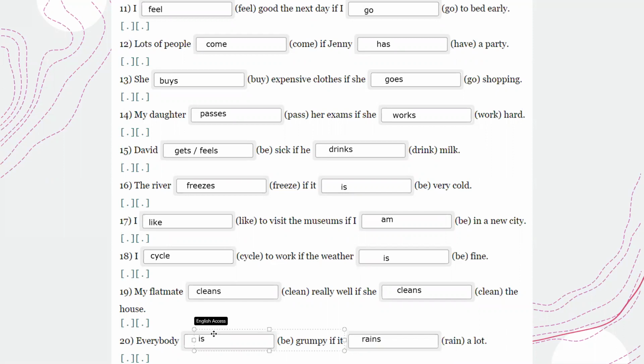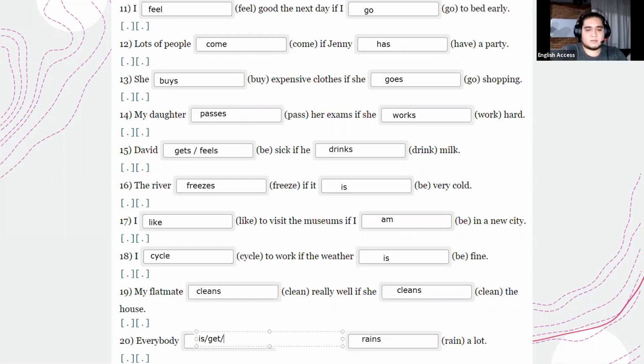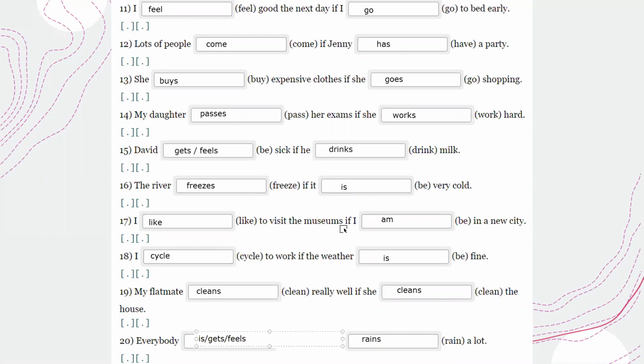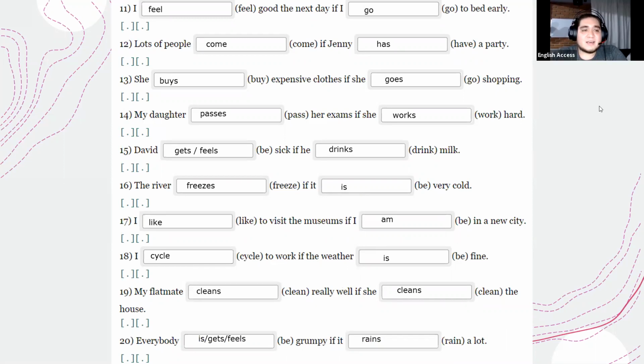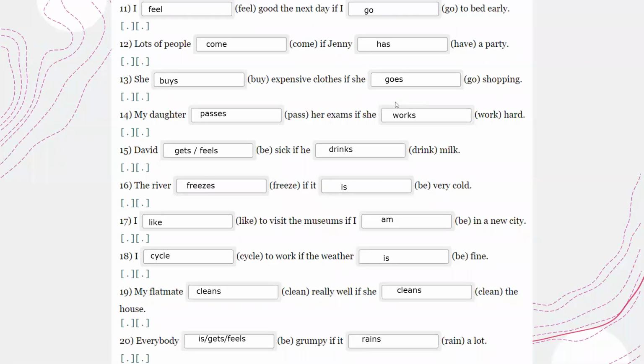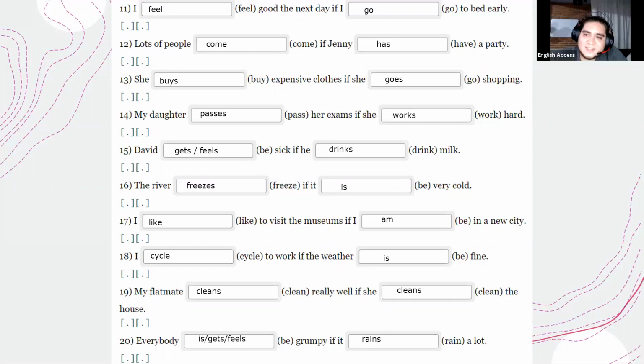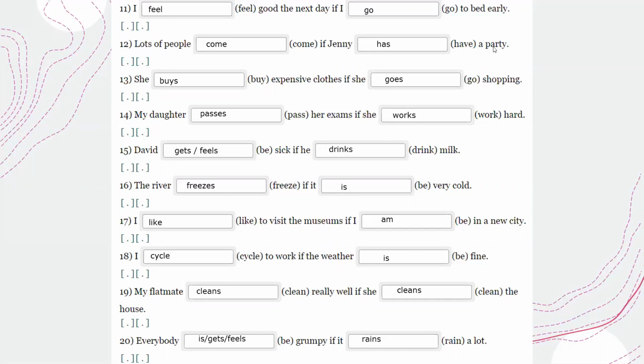Gets, feels. Gets and feels. Perfect, very good. How did you feel? Was it easy? Yes. That's perfect, very good. Can I erase? Yes. All right, good.